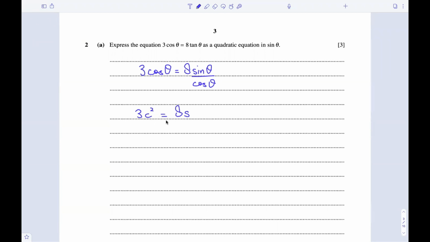Now in place of cos squared, we can use our identity sin squared is equal to 1 minus cos squared, or cos squared is equal to 1 minus sin squared. So we have 3 into 1 minus sin squared is equal to 8 sin theta. 3 minus 3 sin squared theta is equal to 8 sin theta. Simplifying this, taking the left hand side to the right hand side, we get 3 sin squared plus 8 sin minus 3 is equal to 0.